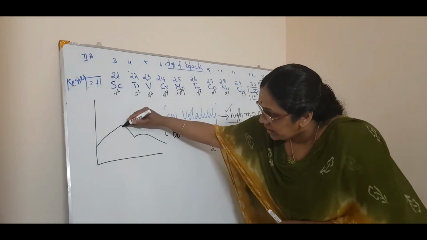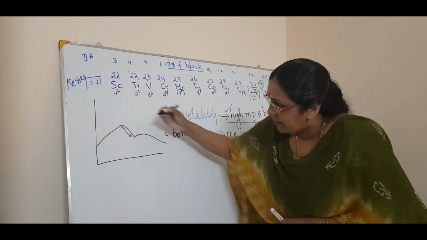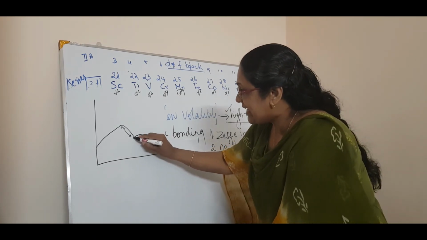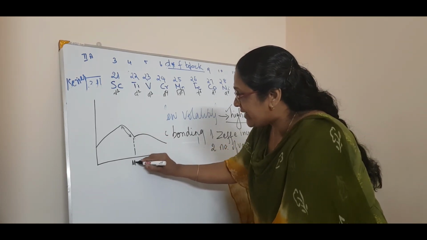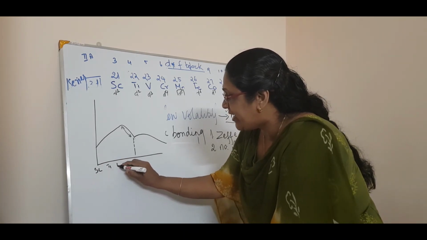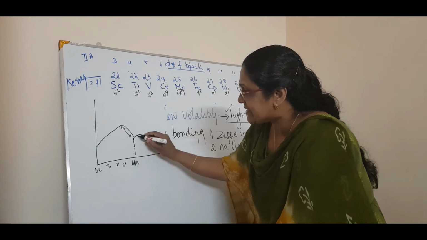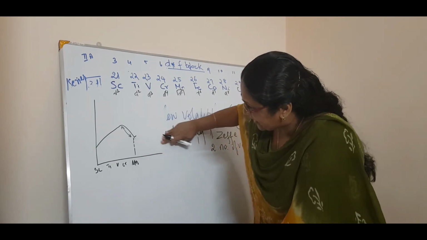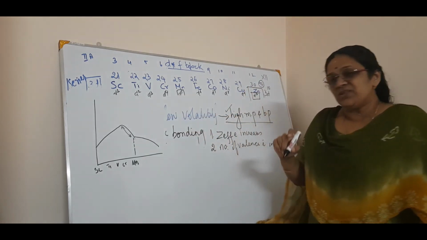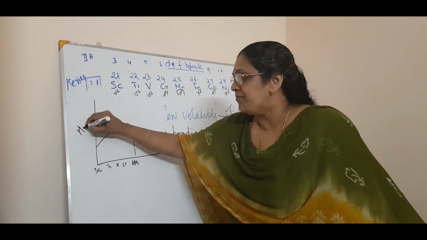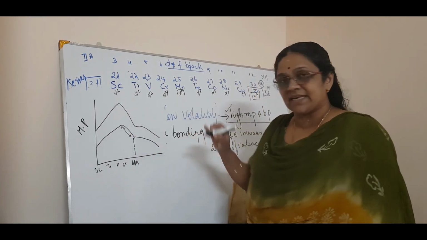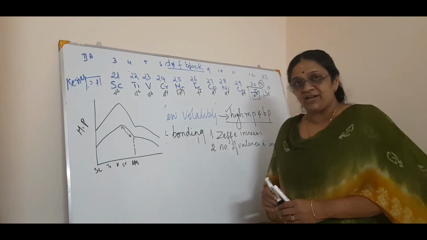There is a fall in the melting and boiling point, and this is manganese. I start with scandium, titanium, vanadium, chromium and manganese. Then it decreases, a slight decrease, and then there is a fall. This is how the melting point graph looks. In the second case also it is the same: a dip and then a decrease. If you see the graph, you can get an idea.